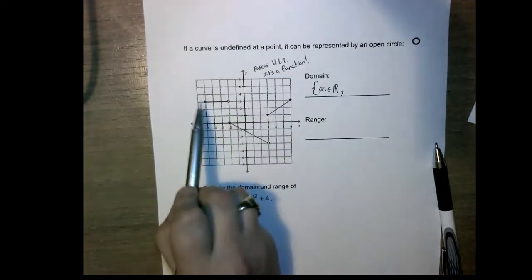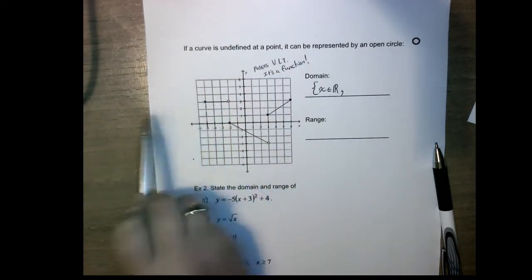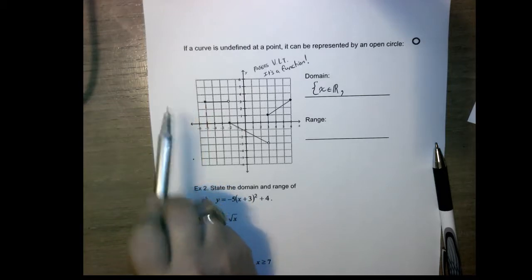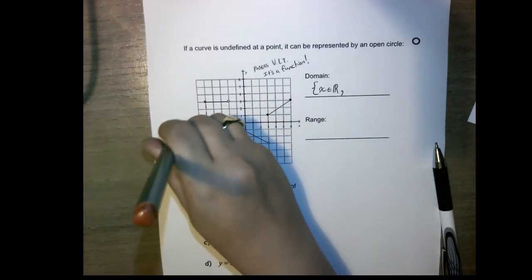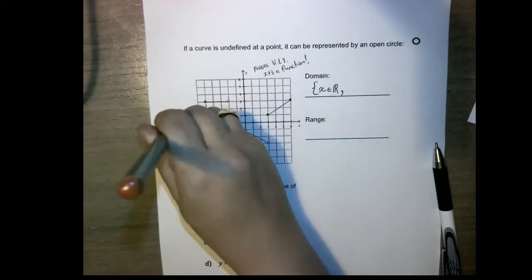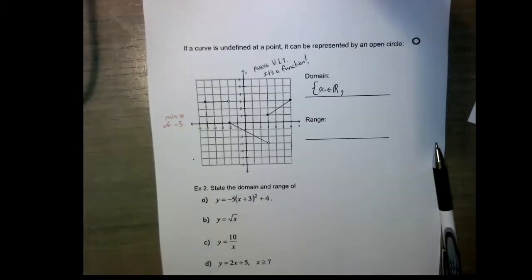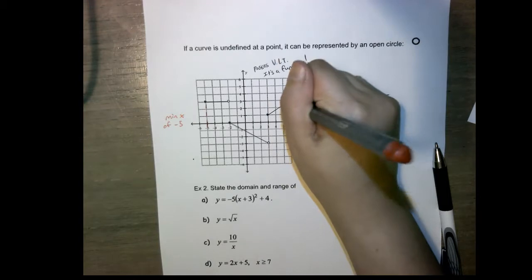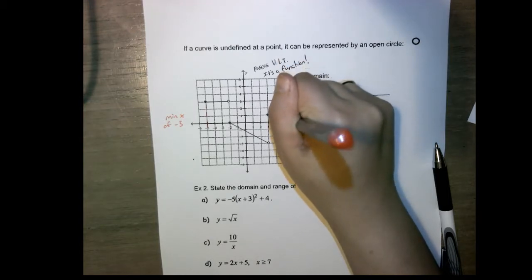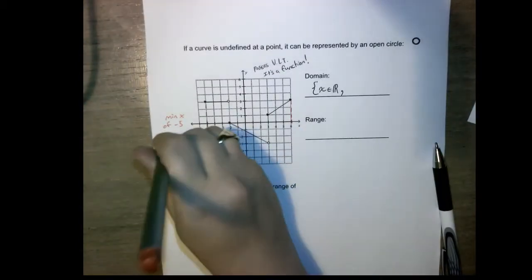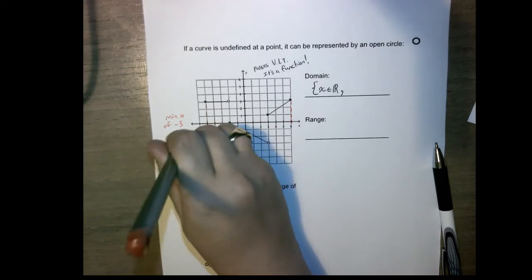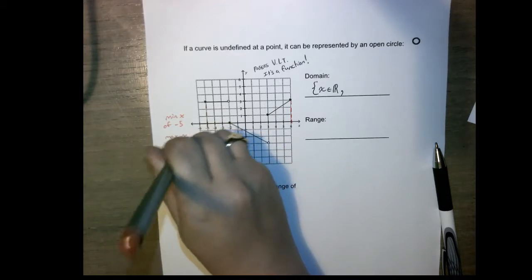It looks like x is actually starting over here, right? Because I have a point here, and it looks like x isn't really continuing before that. So this is my minimum x. So I have a minimum x of -5, right? And then over here, I have a maximum x of 6. So I have a max x of 6.